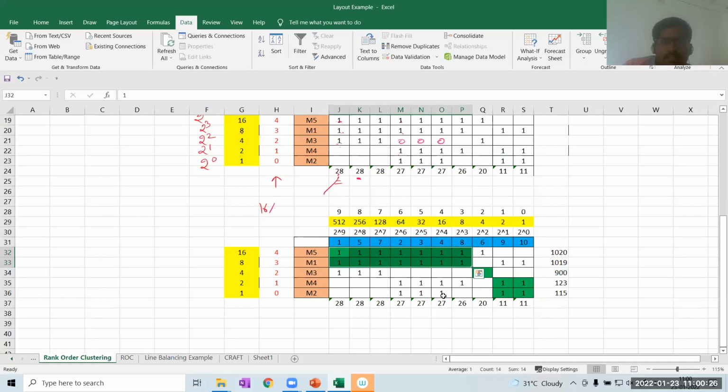Sir, what's the reason the other allocations are not highlighted green? Why are the other allocations not highlighted as green color? See, it's a kind of algorithm, or an optimization problem. Maybe this algorithm is coming up with this solution.